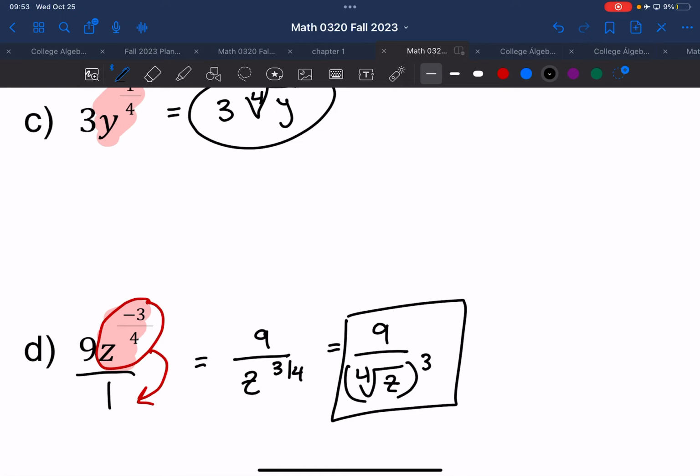The only other thing we could simplify a little further is that this part here is the same as doing the 4th root of z 3 times. And if we were to combine that all into one radical, it would be the 4th root of z cubed.